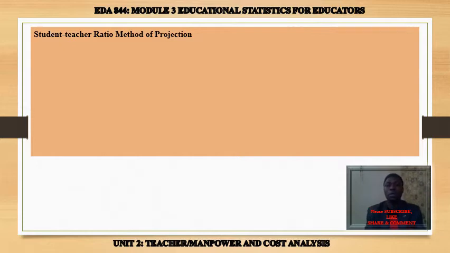If a teacher is to teach 30 students or pupils, so to say, then the student-teacher ratio will be 30:1, which is 30/1, and that will give us 30. That is how to determine the student-teacher ratio of any academic institution.